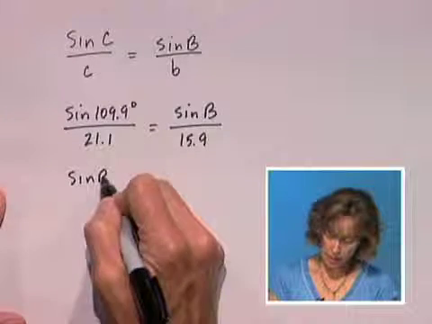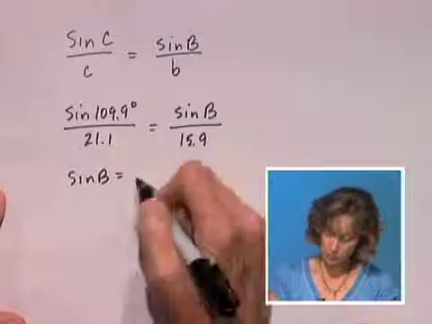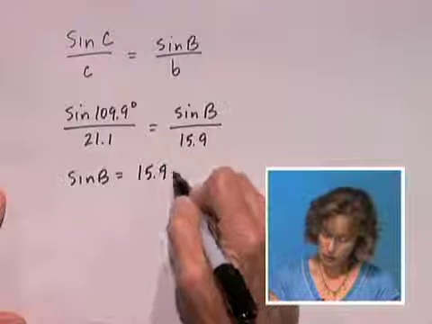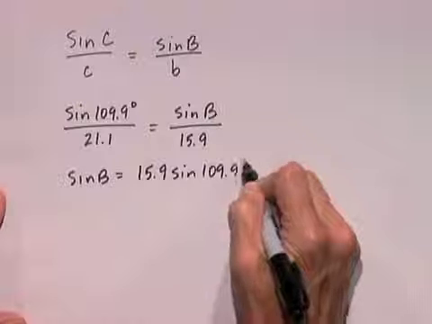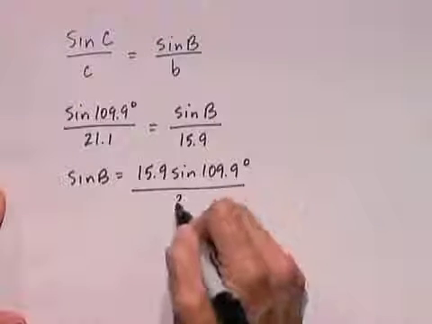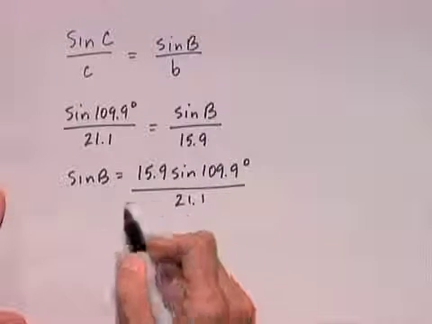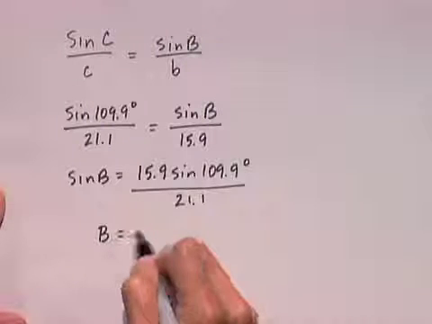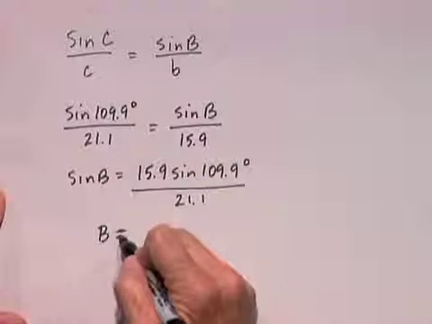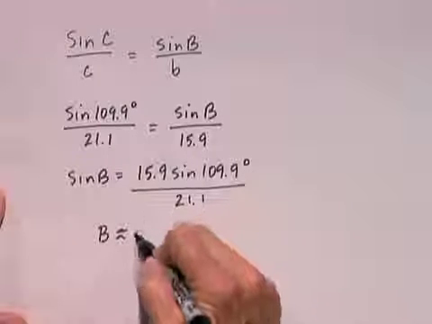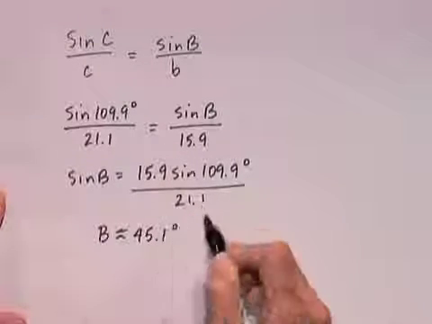Isolate sine angle B by multiplying by 15.9, and we'll calculate 15.9 sine 109.9 divided by 21.1. Finding the inverse sine of all of this, you'll get that angle B comes out to about 45.1 degrees.